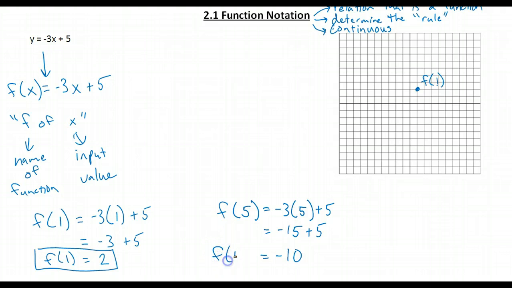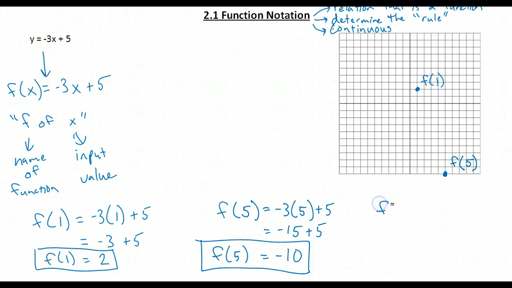So f of 5 is negative 10. If I input 5, my output is negative 10. So this point is the function f where I input 5.